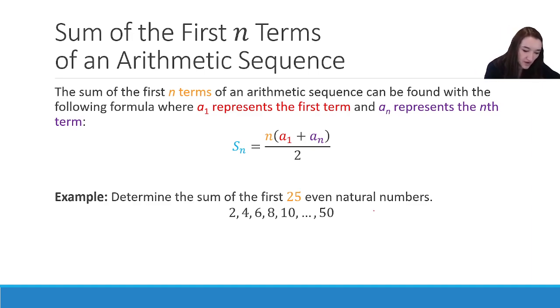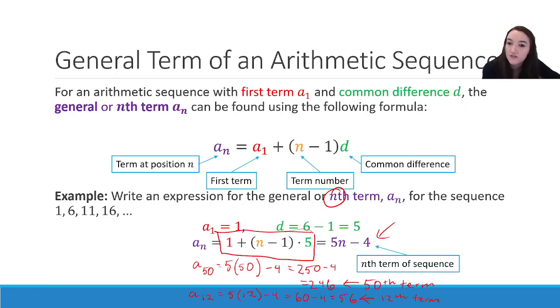So let's find the general term. So AN equals, now what does AN equal? We want to look back and remember that you'll be given the formulas, but you won't be given this information, so you'll have to know how to read the formula.